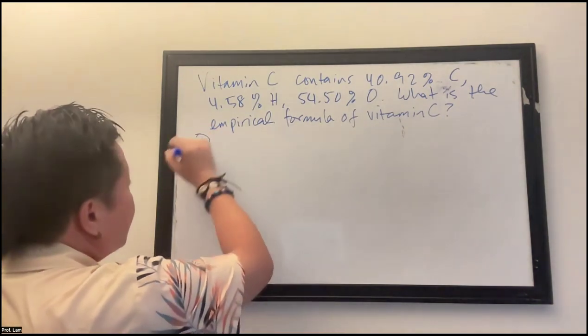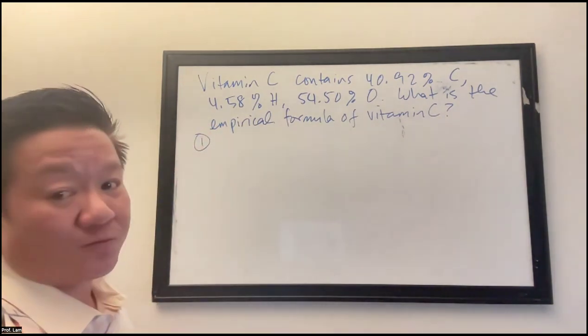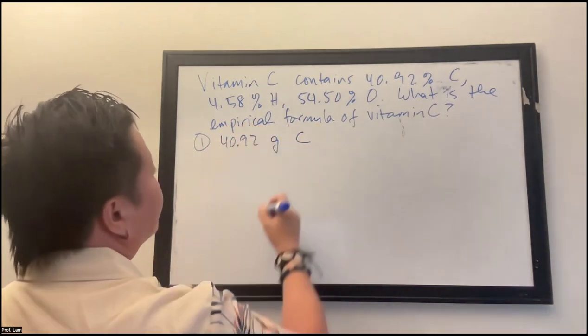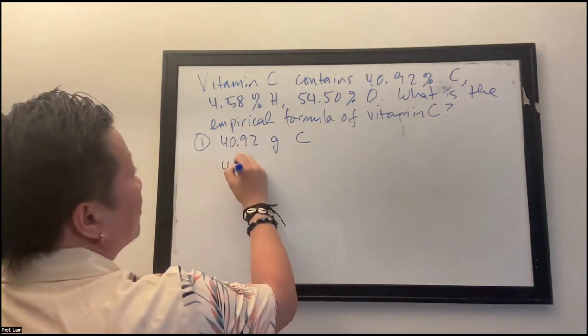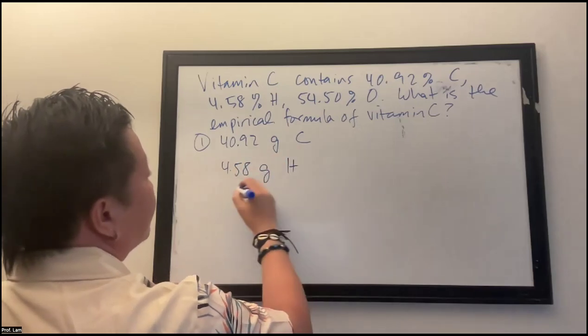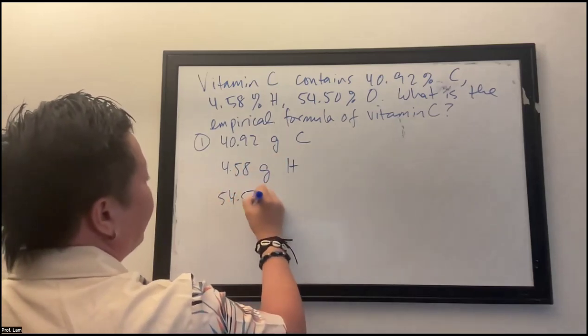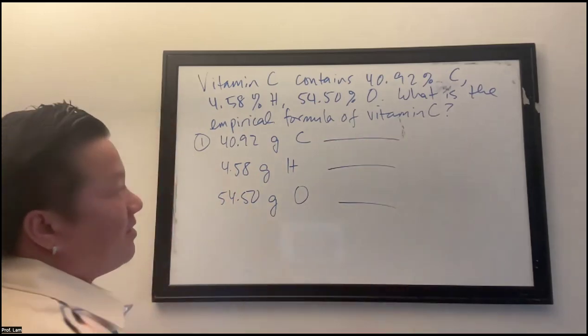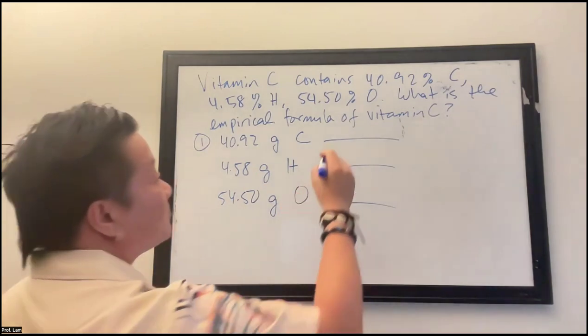Okay, so step one, right? Remember, we're going to assume 100 grams. So that means we have 40.92 grams of carbon. We also have 4.58 grams of hydrogen and 54.50 grams of oxygen. Okay. Step two, right? Remember, we're gonna take the grams to mole.